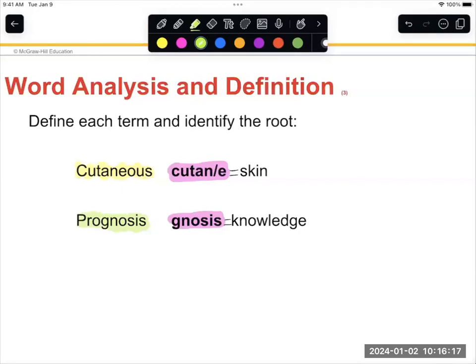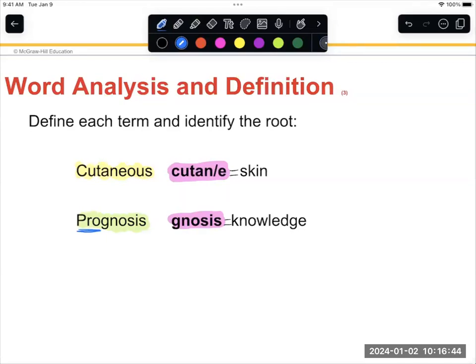We'll see it pertains to other areas, but we see it here. Prognosis of a skin condition, they have a general idea of how long this condition may last. That prefix in there, pro, means before or project forward.